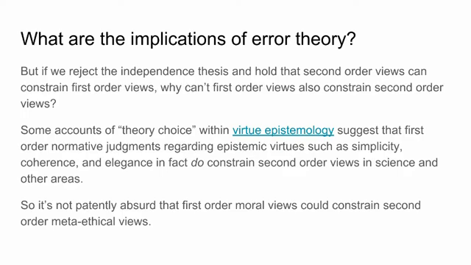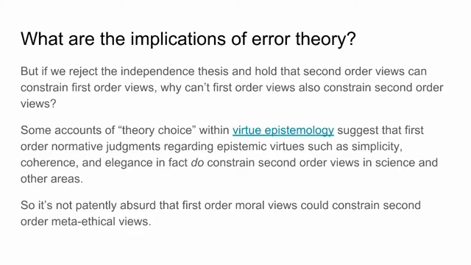You might say that this seems to get things exactly backwards, but some accounts of theory choice, or how we go about choosing which theories of the world we're going to accept or reject, within the tradition of virtue epistemology and analytic philosophy, suggest that first-order normative judgments regarding certain epistemic virtues, such as simplicity and elegance, actually do constrain second-order views in science and other areas.